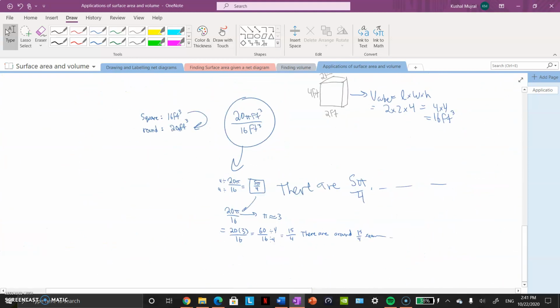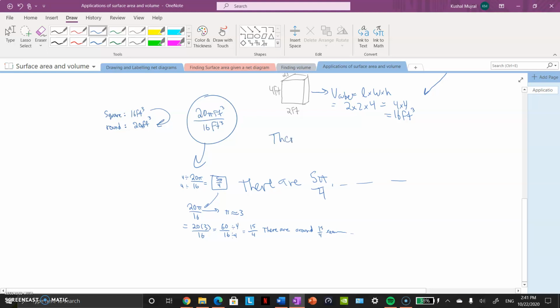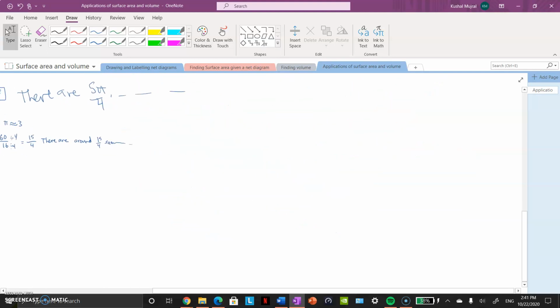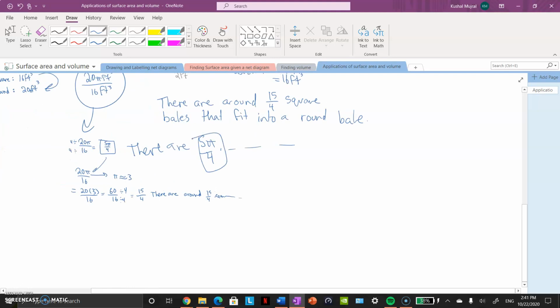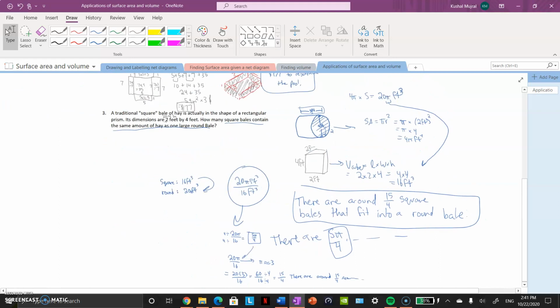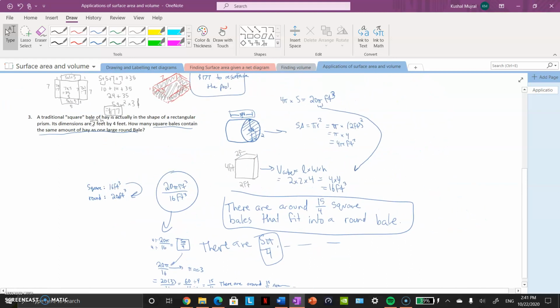And then over here we're going to write there are around 15 over 4 square bales that fit into a round bale. Okay? Or you can write there are 5 pi over 4 square bales in a round bale. Okay? And that's applications of surface area and volume.